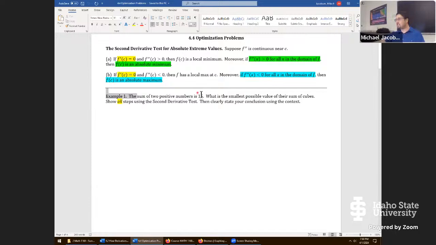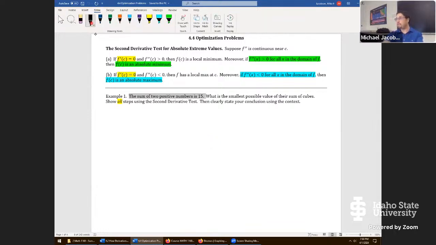First thing I would focus on is this statement. The sum of two positive numbers is 15. Already we've indicated that there's 2 unknowns in the problem, and we could say let x, y be the 2 positive numbers.